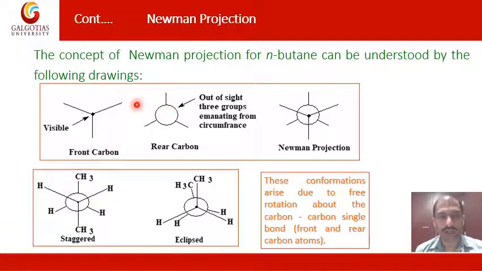The rear carbon will be shown as the circle, and the front carbon, which you view from your side, will be represented as a point. This carbon has different atoms attached to it, and there is another rear carbon.